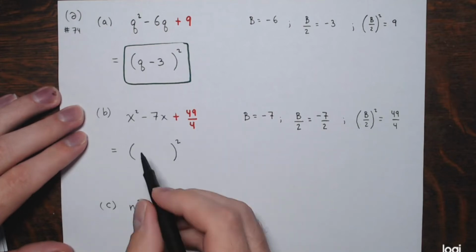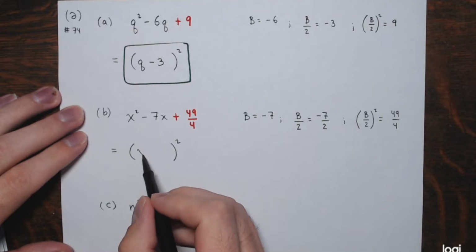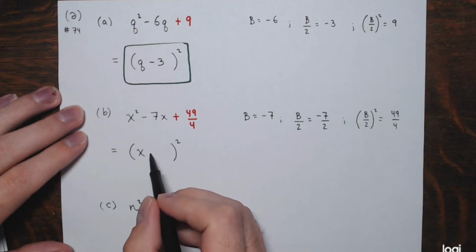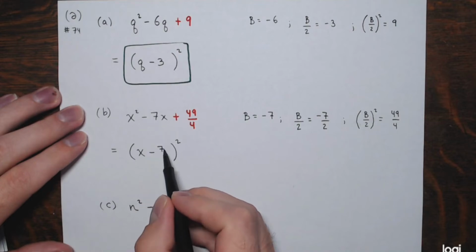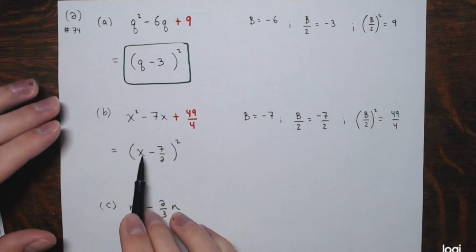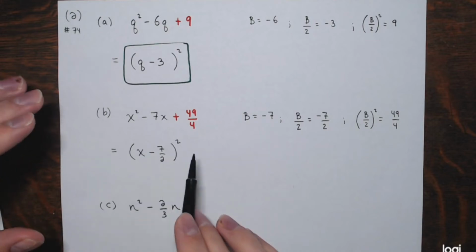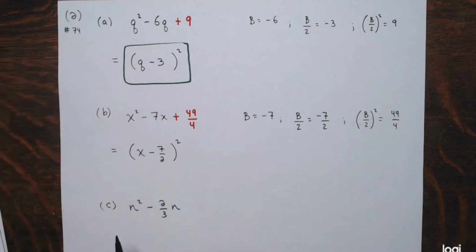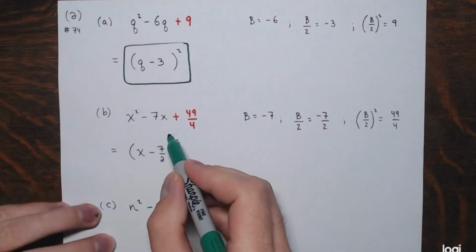That binomial is the variable x plus whatever half the linear coefficient was, which was -7/2. And you can check. Take x minus 7/2, multiply it by x minus 7/2 again, square it, and you'll get x squared minus 7x plus 49/4 back after foiling and combining like terms.